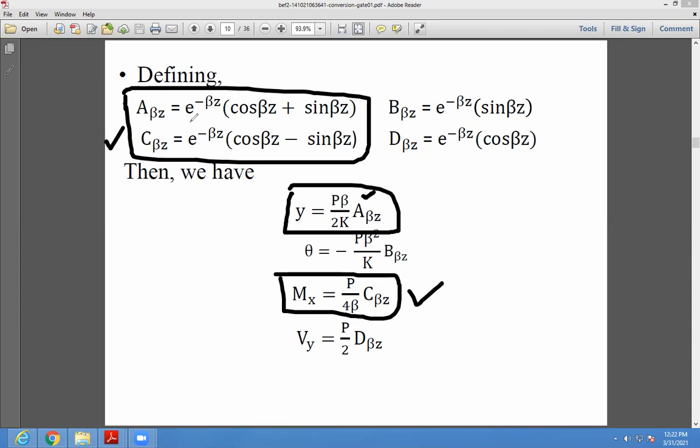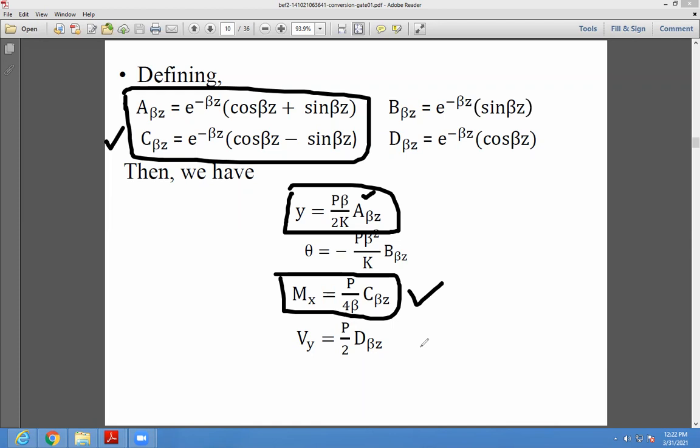Write down these equations of A beta Z and C beta Z. Below the load, at the particular point we have taken as origin, Z is 0.